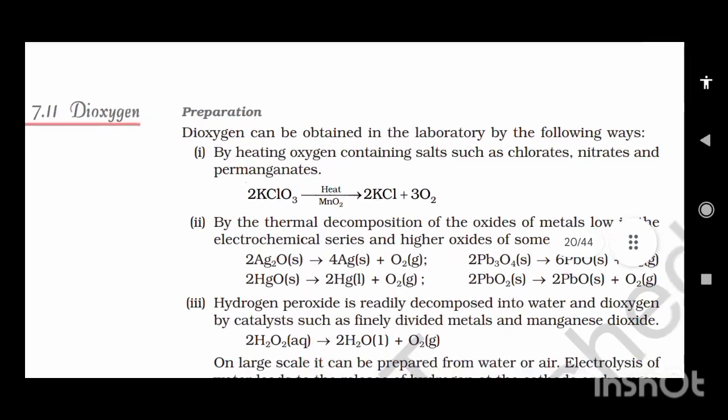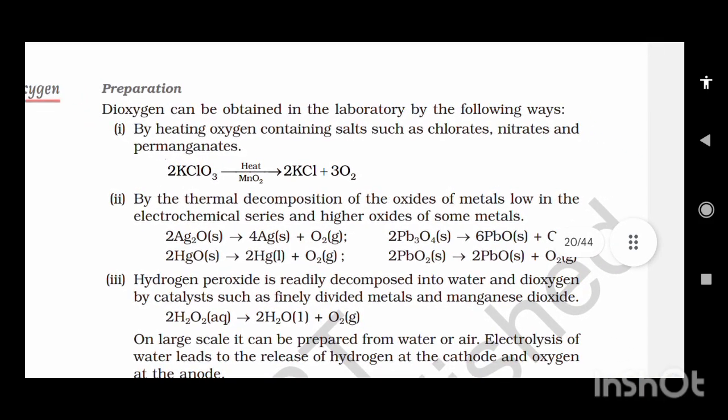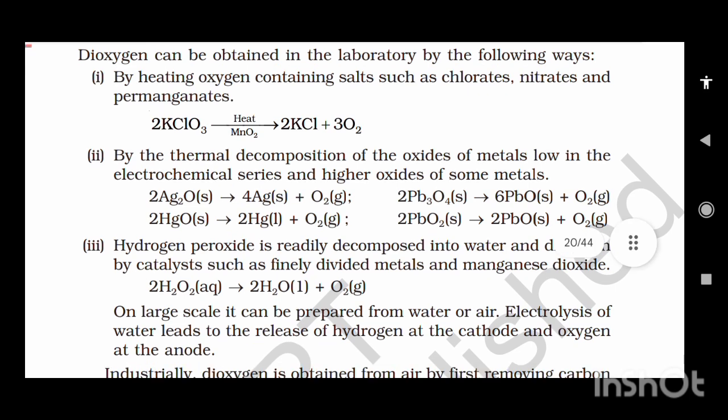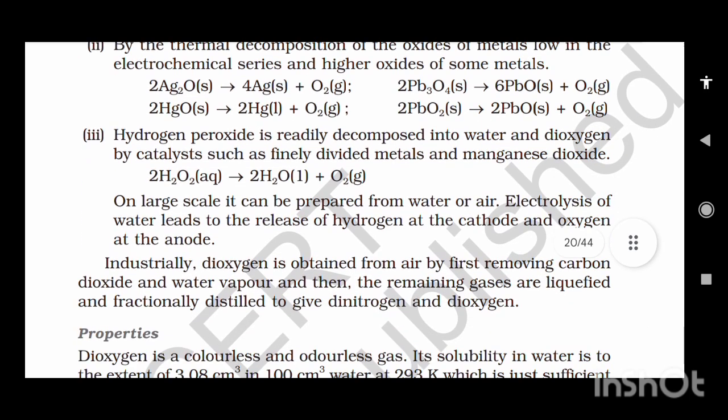Dioxygen preparation. Dioxygen can be obtained in the laboratory by the following ways: by heating oxygen containing salts such as chlorates, nitrates, and permanganates, by the thermal decomposition of the oxides of metals low in the electrochemical series and higher oxides of some metals. Hydrogen peroxide is readily decomposed into water and dioxygen by catalysts such as finely divided metals and manganese dioxide.